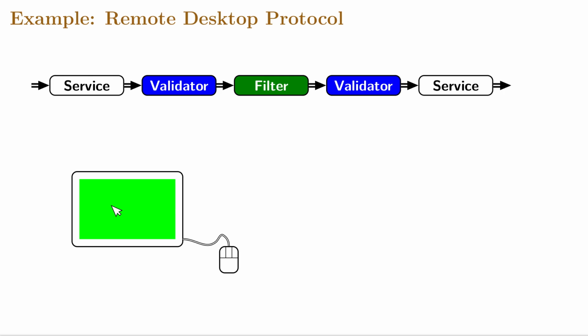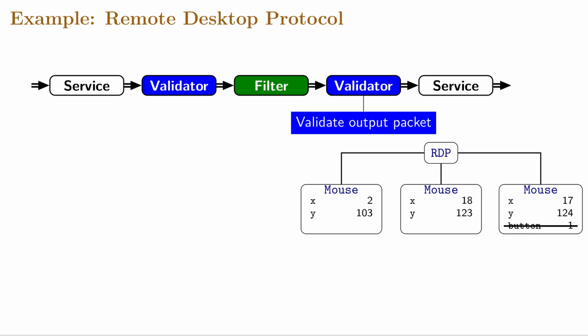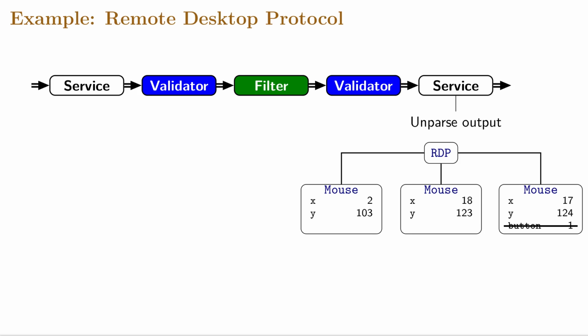If an RDP packet comes in, it gets processed by the input service, which translates the packet into a general purpose representation, think binary JSON format, which then is validated by a protocol validator that makes sure that we have the right structure, which passes it to the filter, which might, for instance, say that, well, I'm only allowing left mouse button clicks, so I'm going to strip out any mouse button clicks that I don't like. And then the filter would pass on the packet to the validator that makes sure that the filter hasn't done anything bad, passes it on to the service, and then it goes out through the network again.